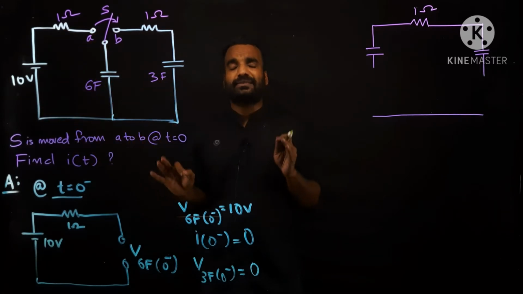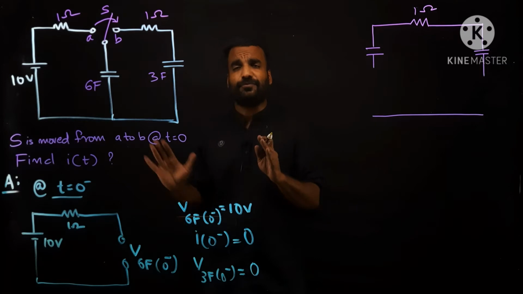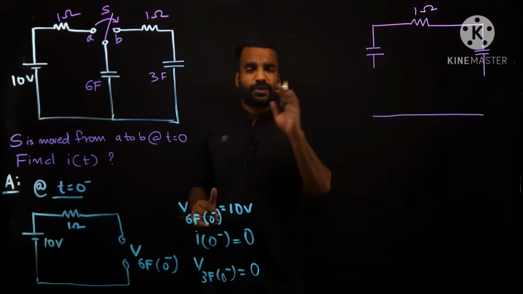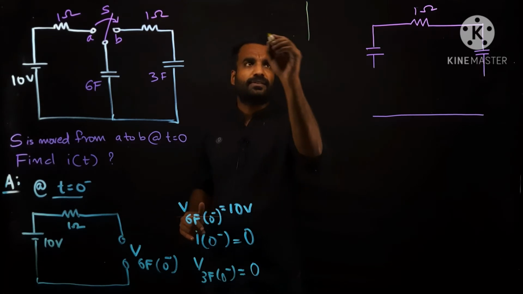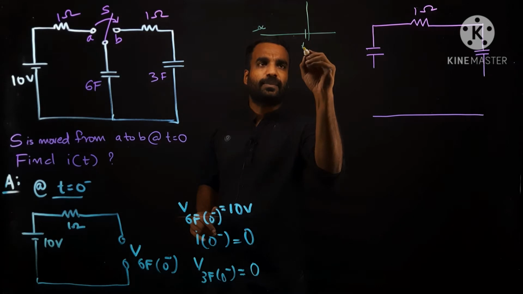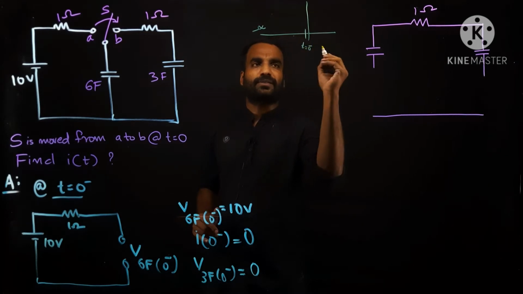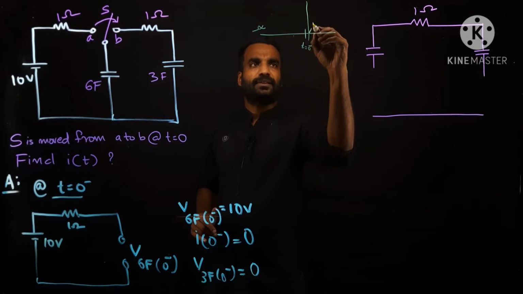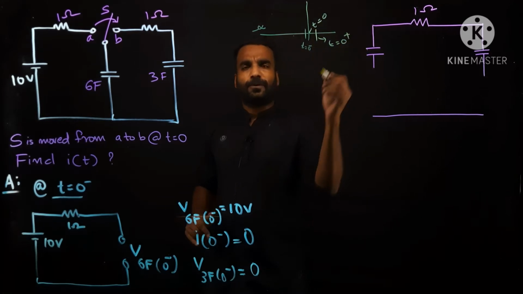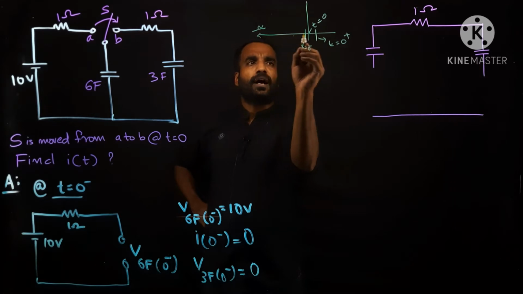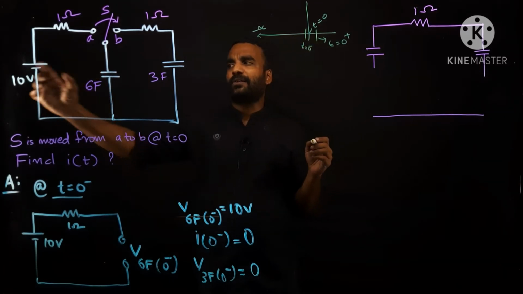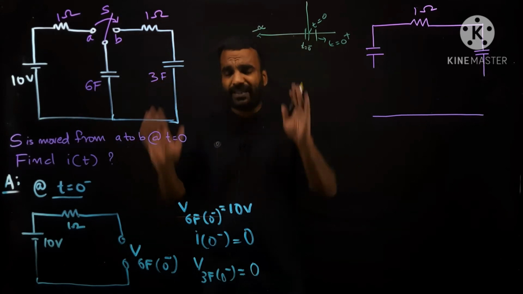So definitely steady state is established for this capacitor from negative infinity up to the instant of switching. This is t equal to 0 minus, this is t equal to 0, this is t equal to 0 plus. From negative infinity up to just before switching, the capacitor is connected to the 10 volt source, so it definitely attains steady state.